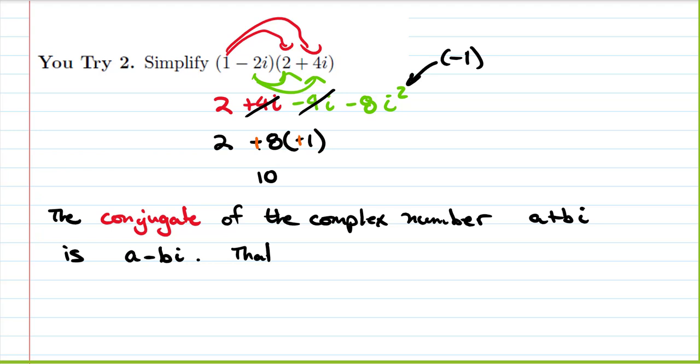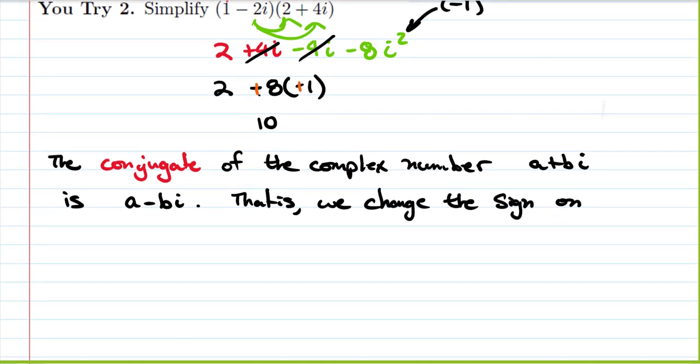That is, we change the sign on the imaginary part.